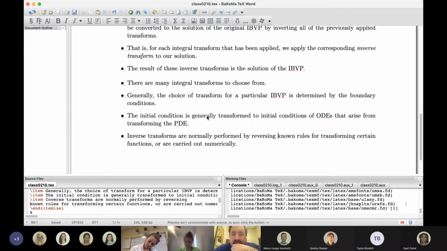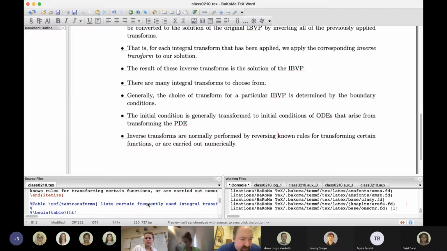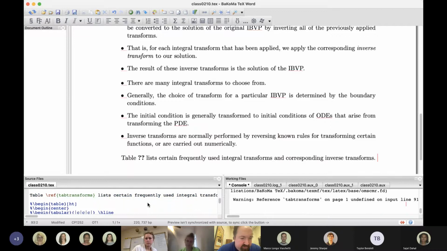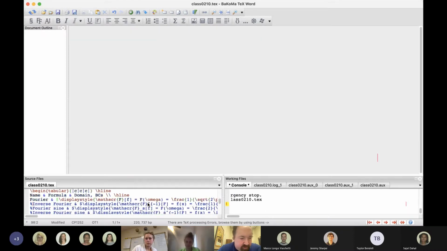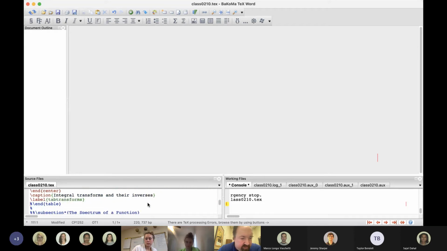So if you have an initial condition, you take the integral transform of that too. If you know how to transform certain functions, you could undo those rules to figure out how to inverse transform functions. Just as in Calculus 2, you took all the rules that you learned for derivatives and you reversed them to get integration rules. So it's the same principle at work here. So I'm going to show you a table of certain transforms, and then I'll show you how they're used.